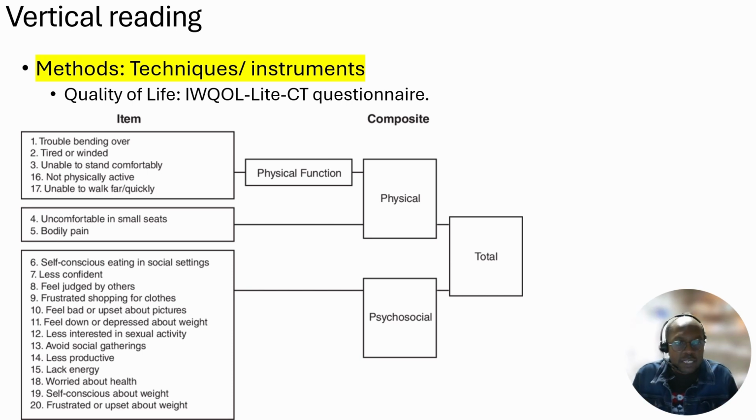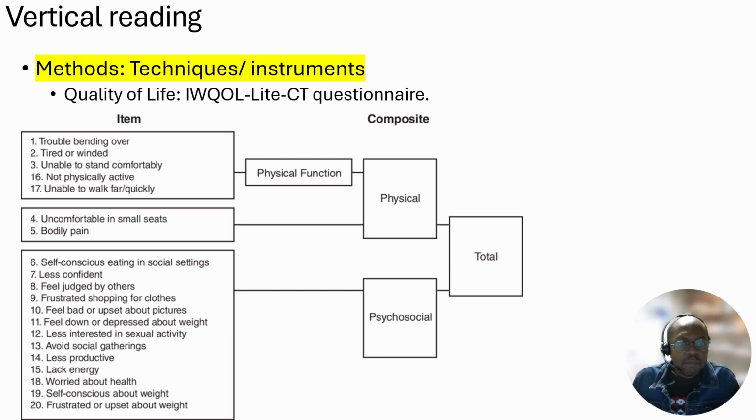So let's say, for example, if trouble bending over, maybe I said 5, meaning my quality of life is high. I'm tired or winded when I walk up, and I say again 5, meaning great, I can do that, I'm not tired, and so on and so forth.